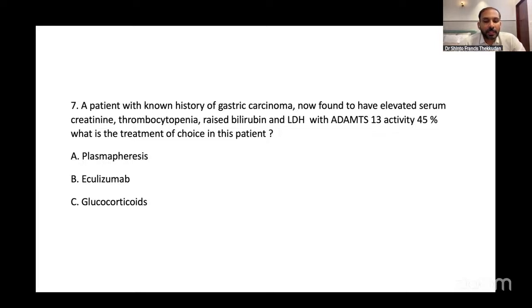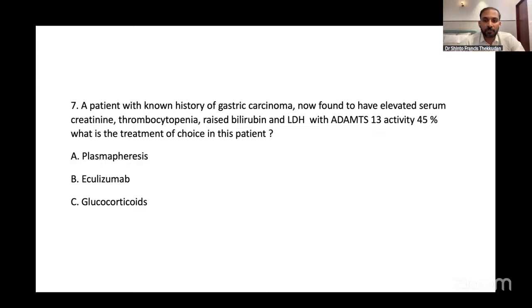So it is most likely microangiopathic hemolytic anemia in a patient with gastric carcinoma. So they work up for TTP and have checked the ADAMTS13 level. It is 45%. So what would be the treatment of choice?